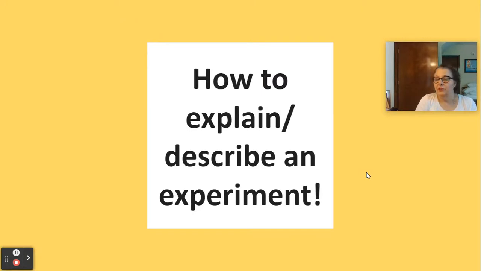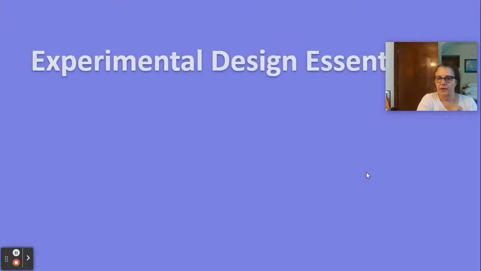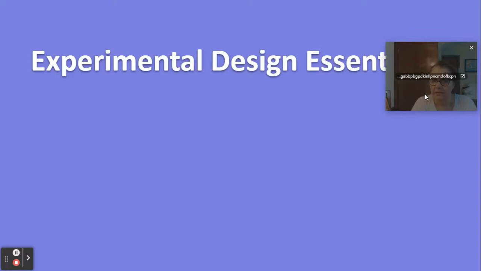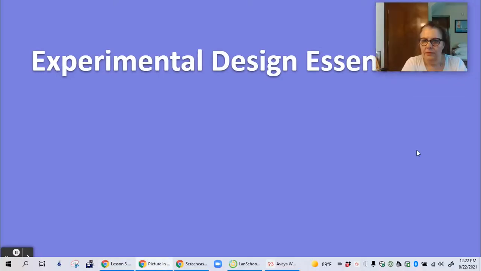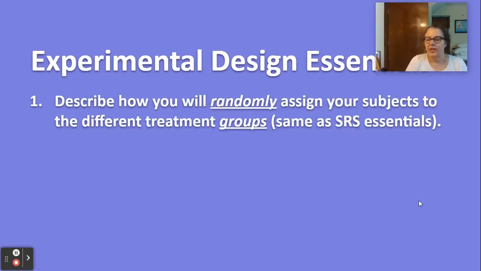So, how do you explain or describe an experiment? Here's an experimental design essential. These are the things that are necessary when you are making an experimental design. First, you have to describe how you're going to randomly assign your subjects to the different treatment groups. Same as your simple random sample assessment, you have to be detailed about how you're going to do it.